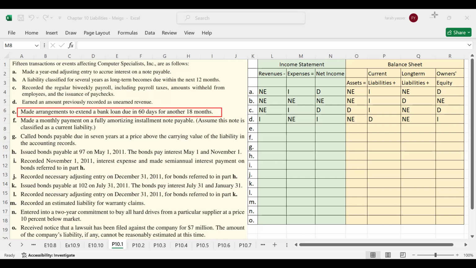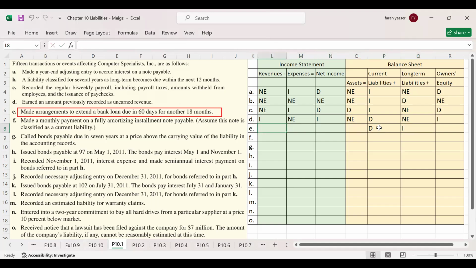That means that now this loan is payable in 18 months. So this current liability is converted into long term, so current liability will be decreased, and long term liability will be increased in this case.